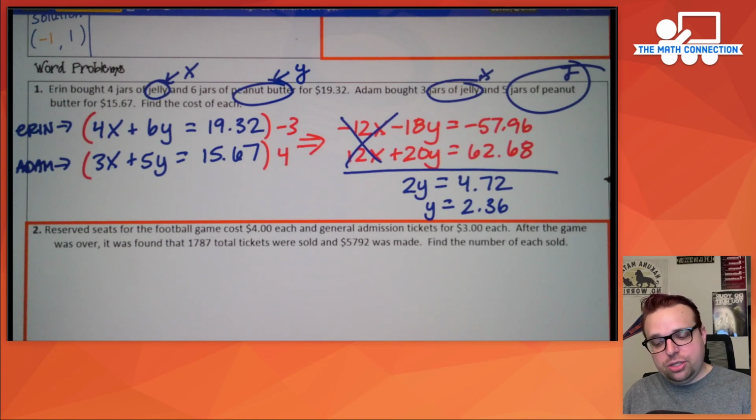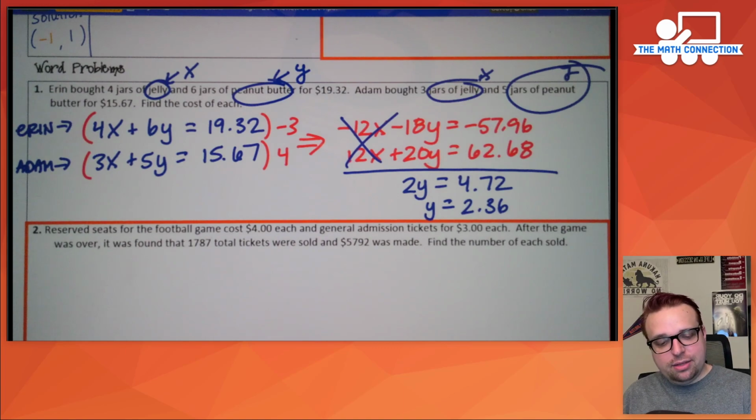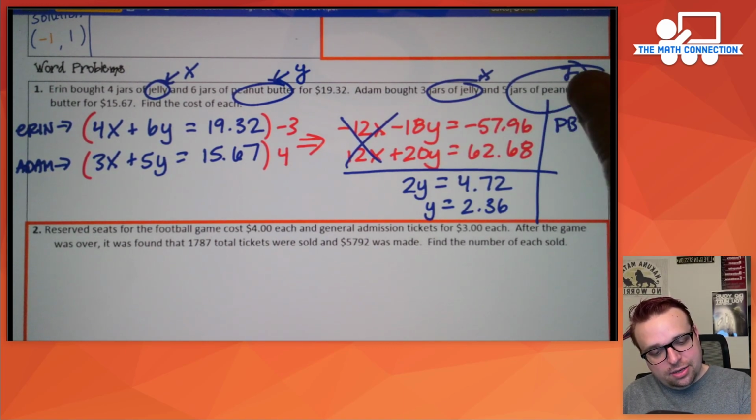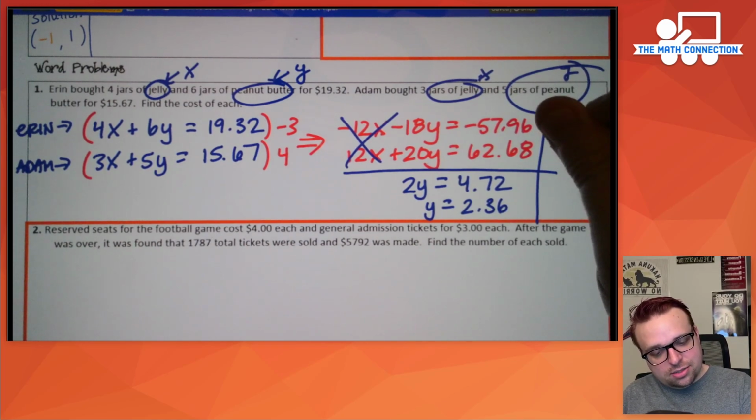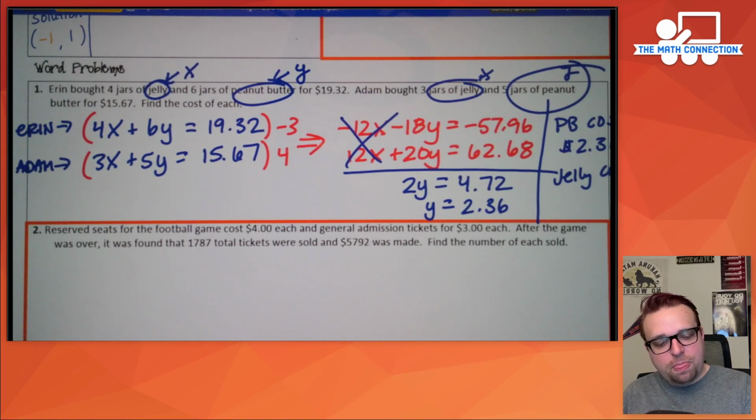So the solution here is, where can I write this? How about off to the side? Okay, so PB costs $2.36, and jelly costs, we don't know yet, let's figure it out.